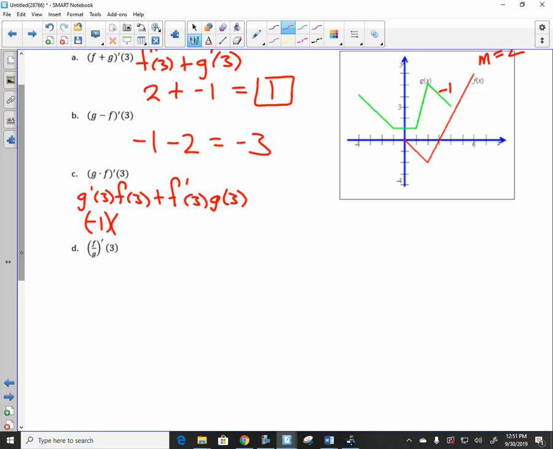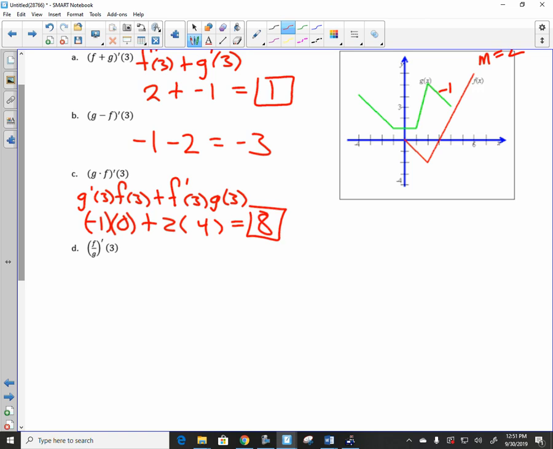So 1, 2, 3, and the value is 0. Plus f prime of 3 is 2 times g of 3. What is the height of g at 3? I've got 4. So it looks like I get -1 times 0 is 0, and then plus 2 times 4, I get 8 out of that mixture right there.